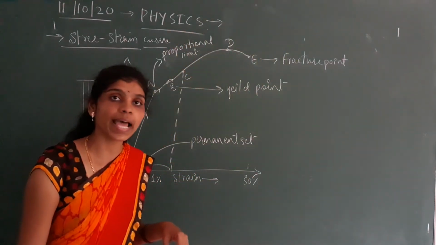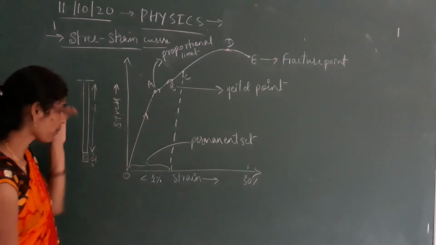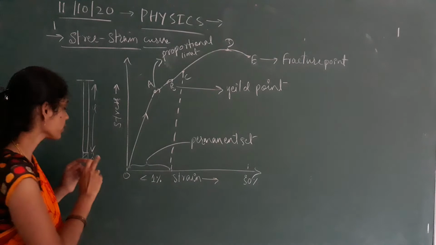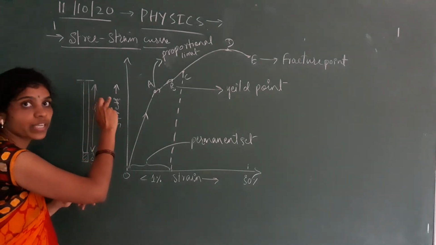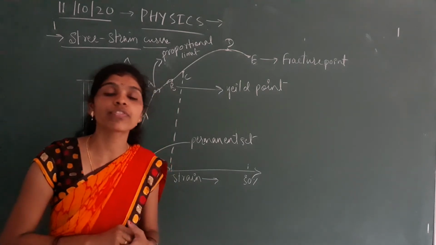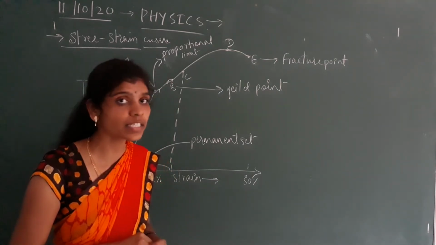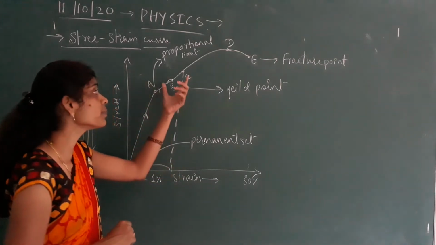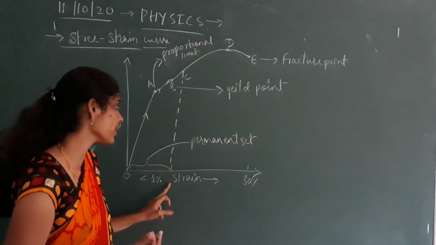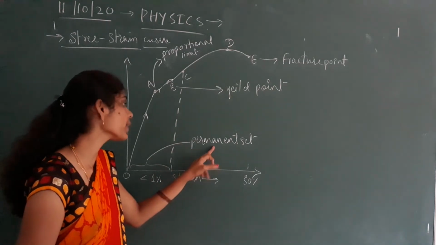The property of the material to regain its original configuration when we remove the deforming force is what we call the elastic property. But between B and E, at a certain point C, we call it the permanent set.